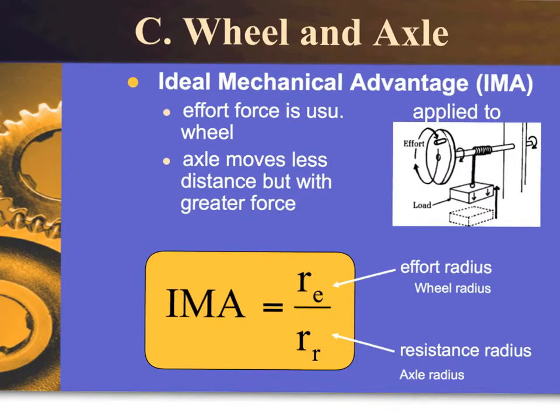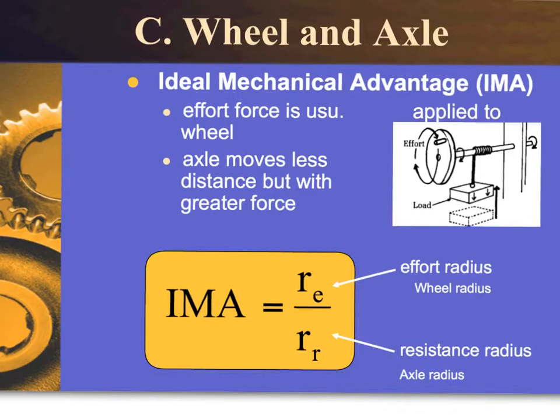A wheel and axle is a simple machine consisting of an axle to which a wheel is fastened so that the torque applies to the wheel as the wheel winds a rope or chain onto the axle. Now, the ideal mechanical advantage is still abbreviated IMA.